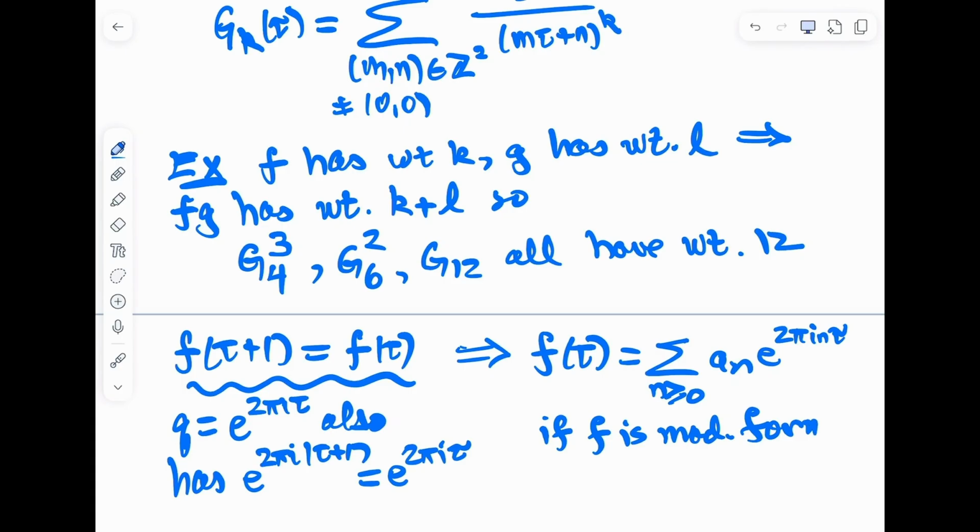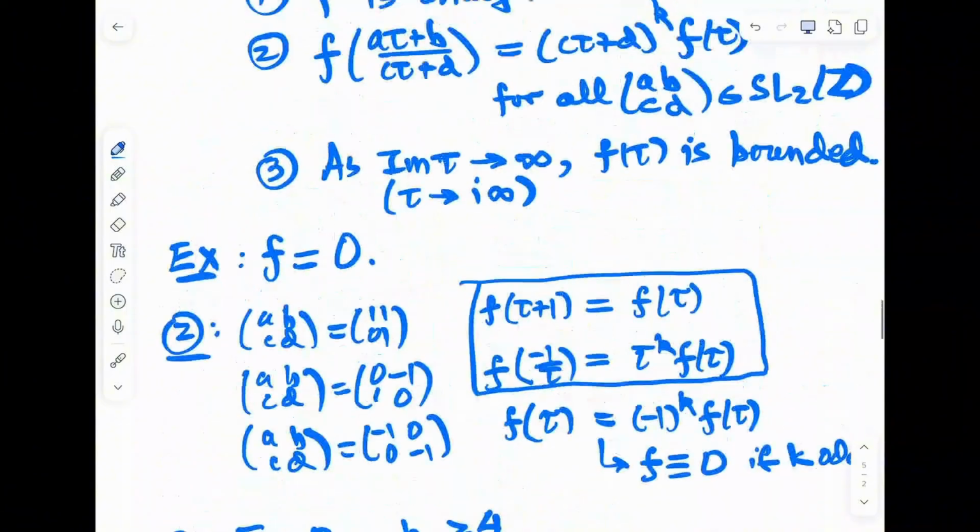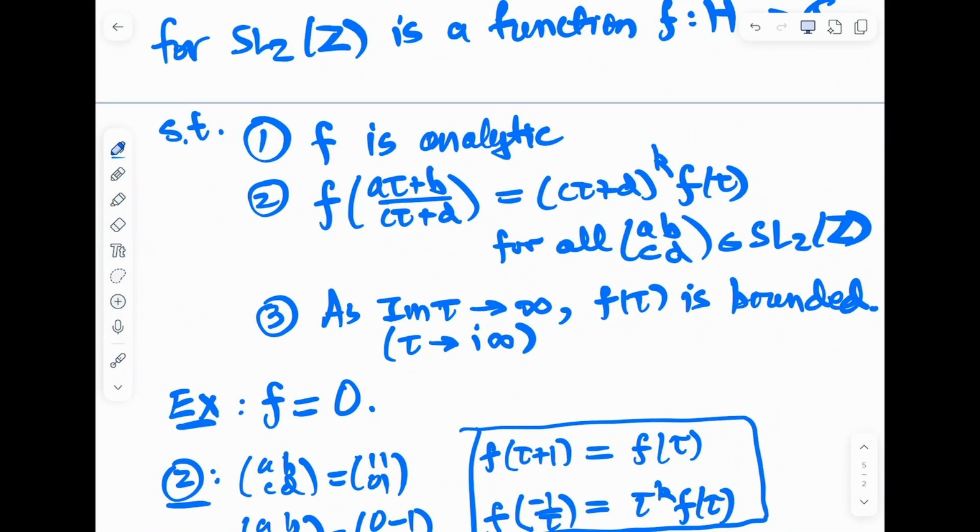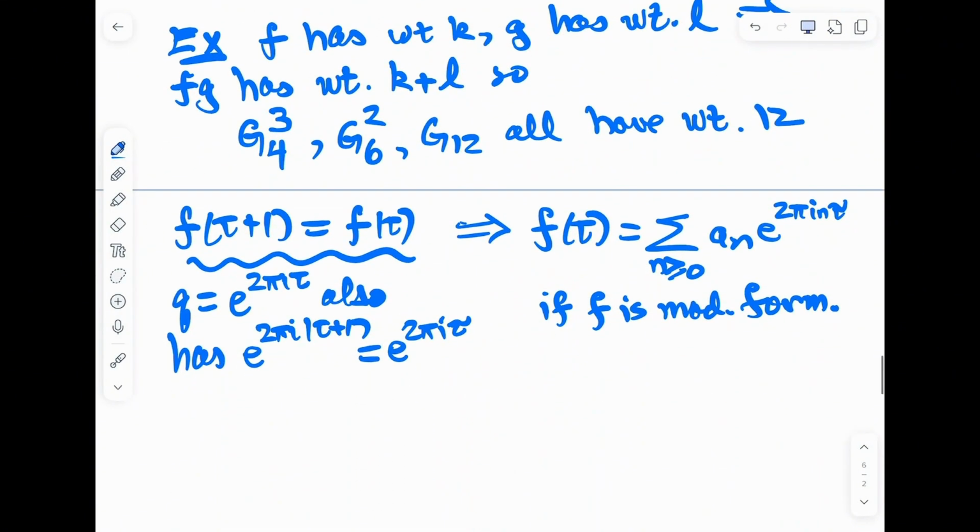Using the boundedness condition in the definition of a modular form, you can show that there are no negative power terms. In principle I should allow a sum over all integers and nth powers of e to the 2 pi i tau, but the third condition in a modular form, that boundedness property, kills off any potential negative terms.